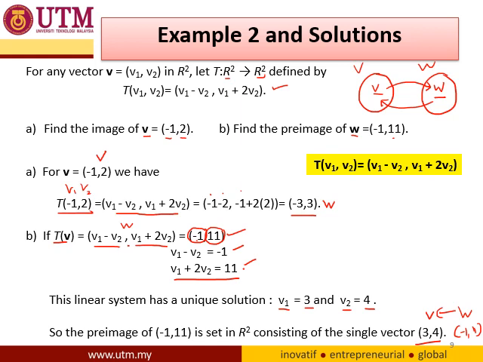The difficulty of this type of example depends on your formula. If the formula is quite hard, then it's quite hard for you to find a unique solution. But for this type here it is quite straightforward, so you can just change it into linear equations and find your V, the pre-image.